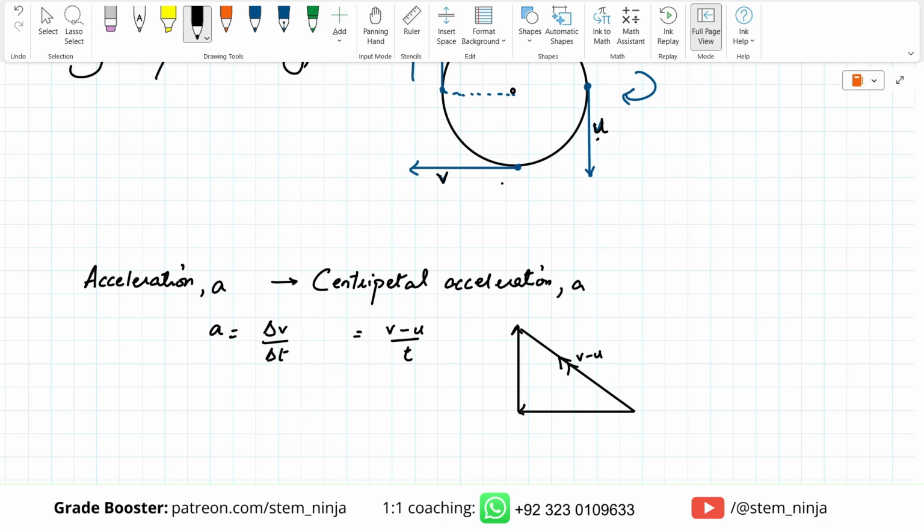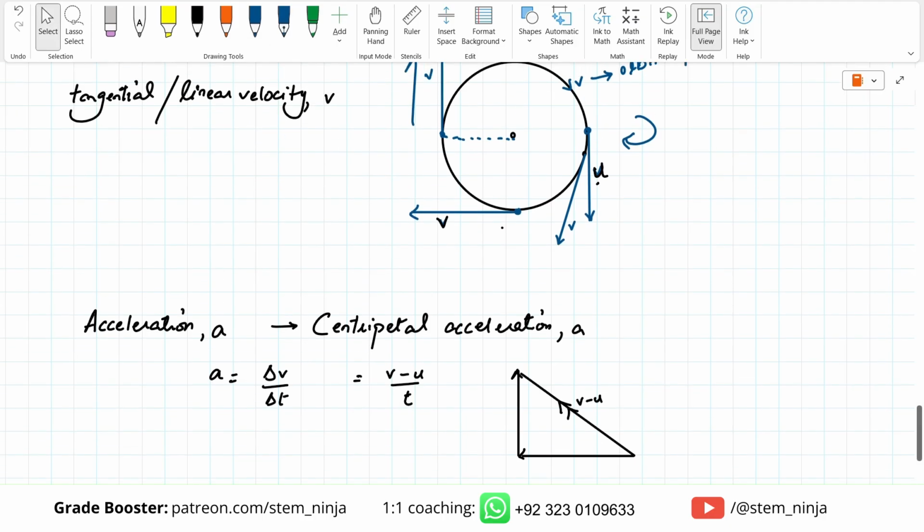If we bring u very close to v and perform the same thing, v minus u, then v and the minus u would look somewhat like this.